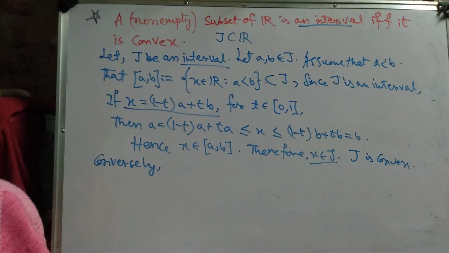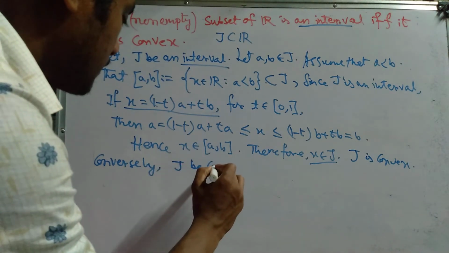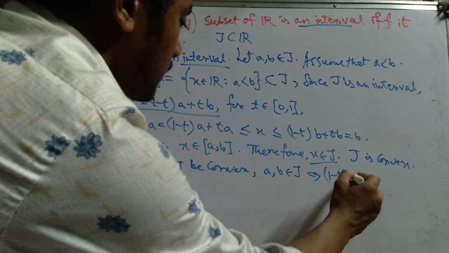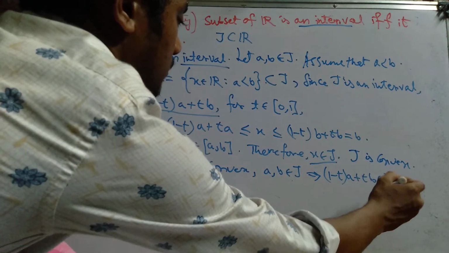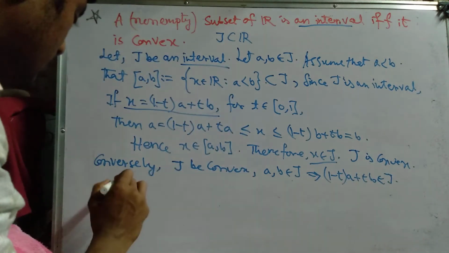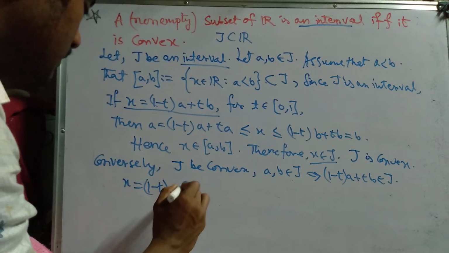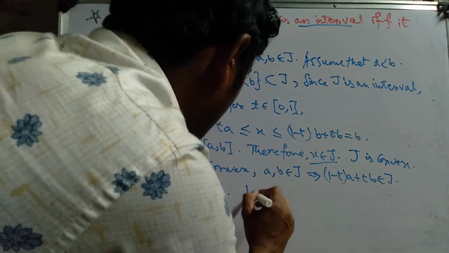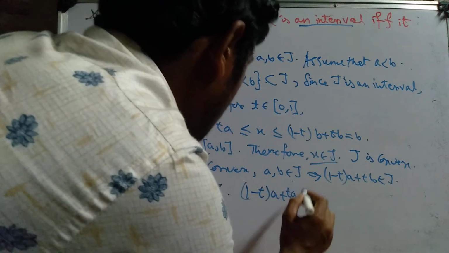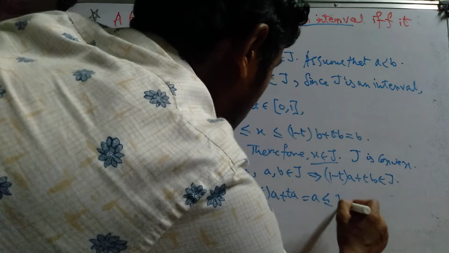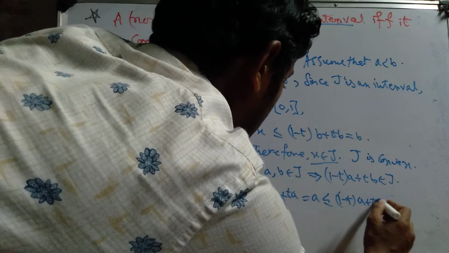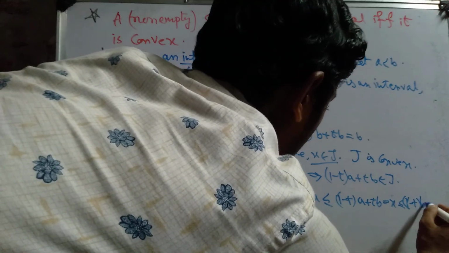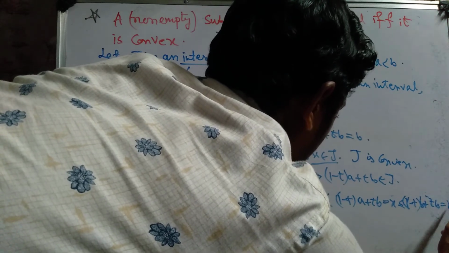conversely we prove it. If J is convex, then a, b belonging to J implies that (1 minus t)a plus tb belongs to J. Okay, then we construct x equal to (1 minus t)a plus tb, which belongs to J. So we start: (1 minus t)a plus ta equals a, which is less than or equal to (1 minus t)a plus tb, which equals x, which is less than or equal to (1 minus t)b plus tb, which equals b.